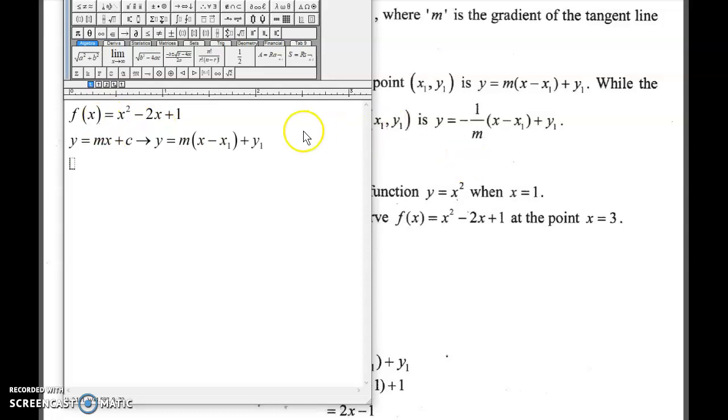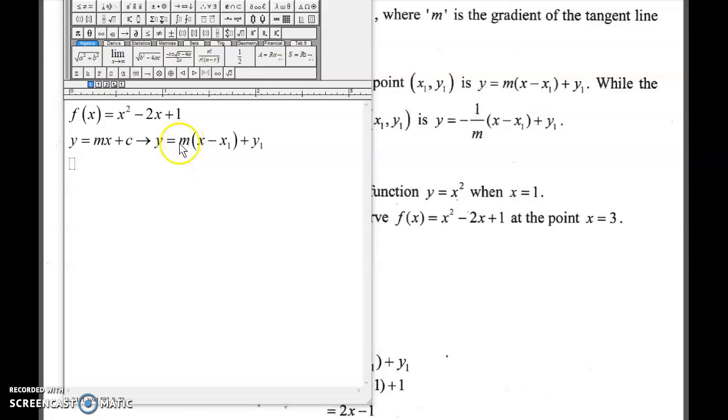Okay, so let's do that. Let's look at the needed information one by one. We know that a straight line is y equals mx plus c. Specifically for the tangent line, the equation is y equals m(x minus x1) plus y1, to represent the y-intercept. So let us look for m first. What is m here? m is the slope.